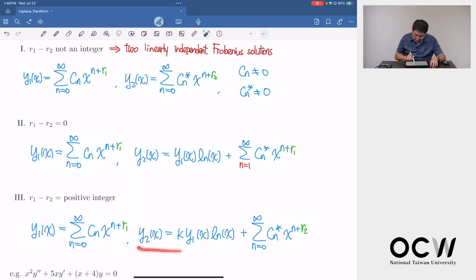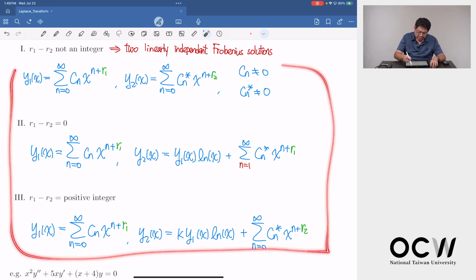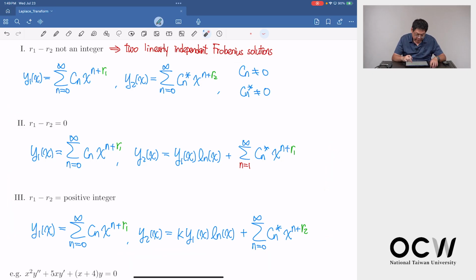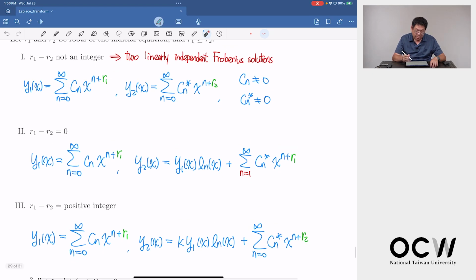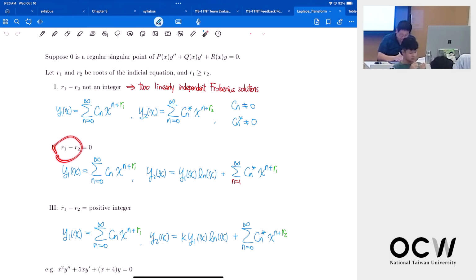But the second solution, I will have a constant k times y1 and also the natural log. And the second term has x to the n plus R2, and n is from 0. So we will have these three types and three conditions for our indicial equations. And then later on, you can find a solution.